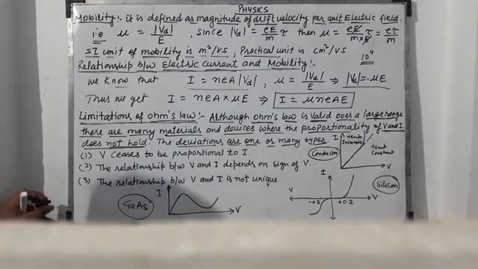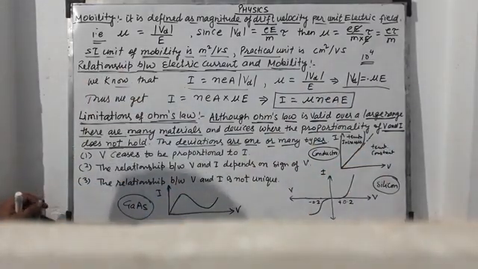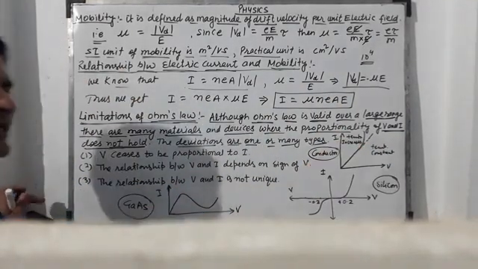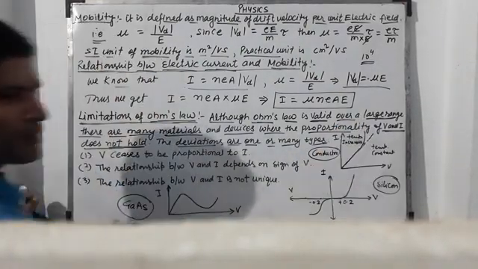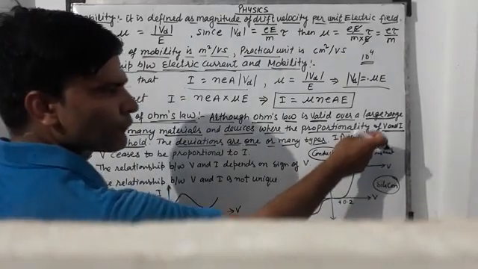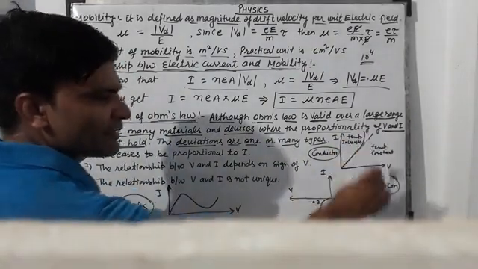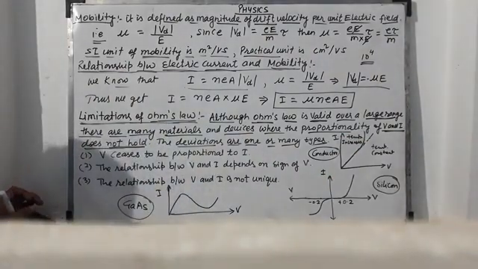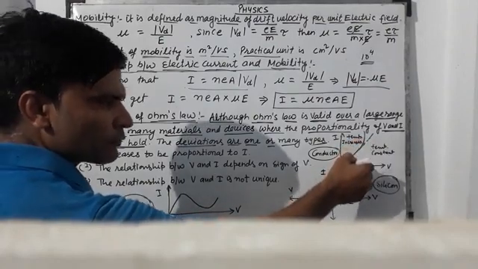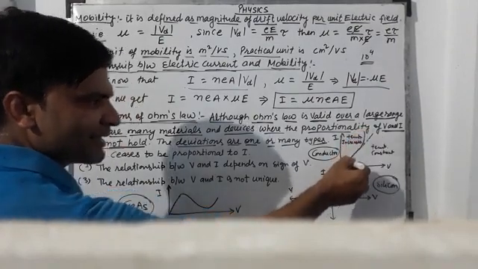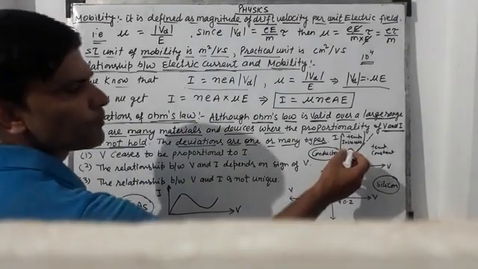Ohm's law is only valid when the temperature remains constant, but when temperature increases, the permanent line deviates from the dotted line. The dotted line represents ohmic behavior, meaning V is proportional to I. So the permanent line deviates from Ohm's law.